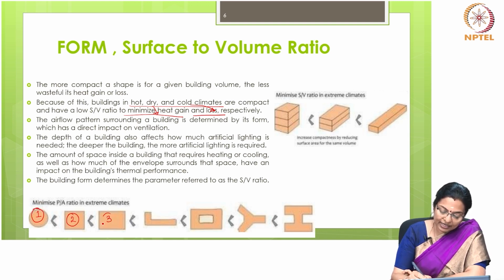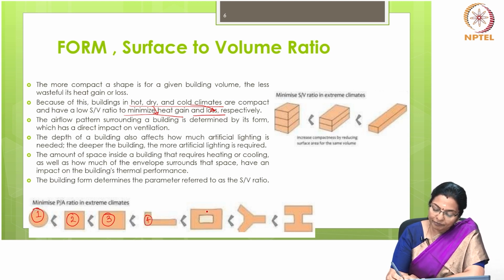The rectangle has more perimeter to area ratio, and then the L-shaped building has more perimeter to area ratio compared to that. A courtyard planning has more perimeter to area ratio compared to the previous form.